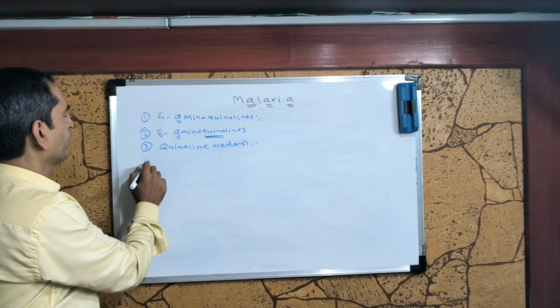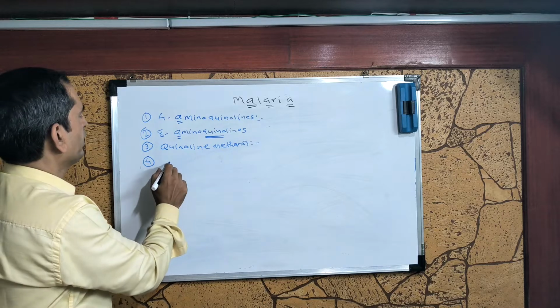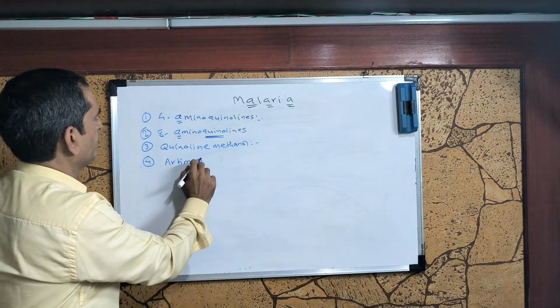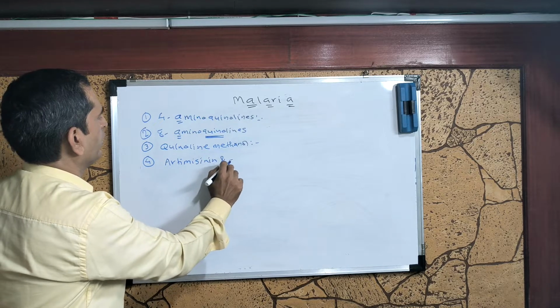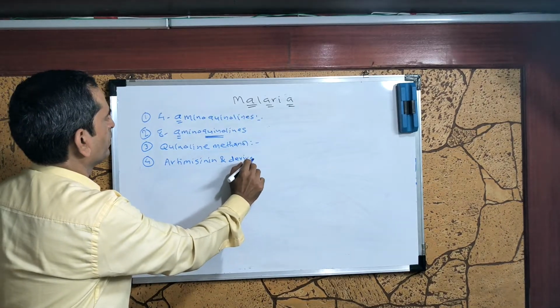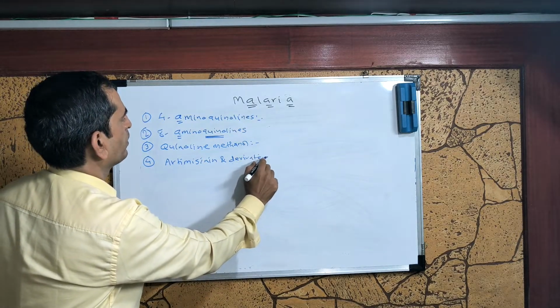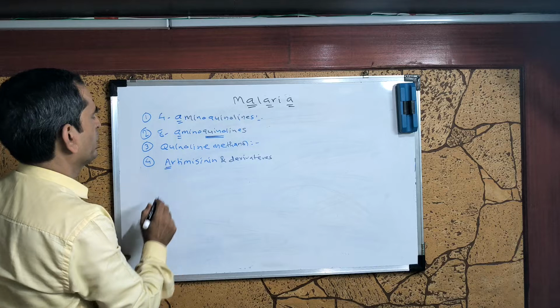The fourth category is called artemisinin and derivatives. So here again A has come.